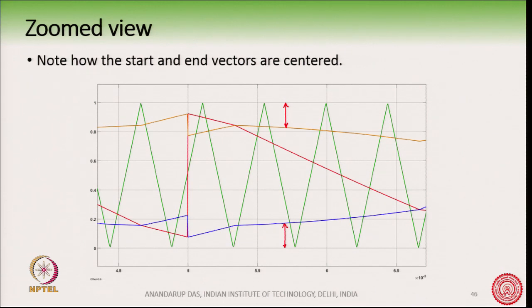The topmost waveform and the bottommost waveform, their distances from 1 and 0, will always be equal.